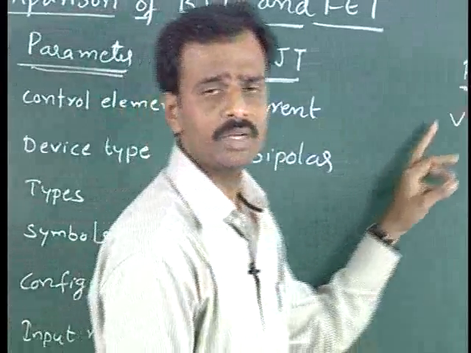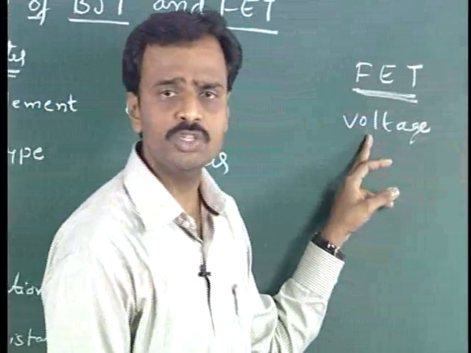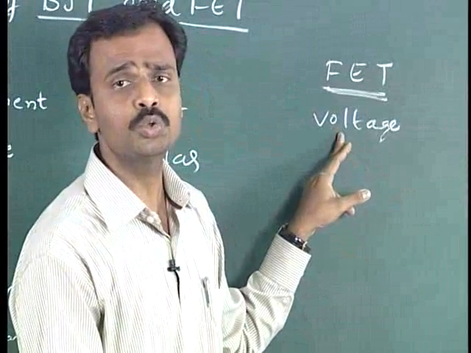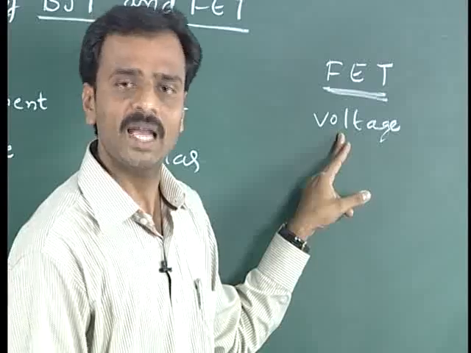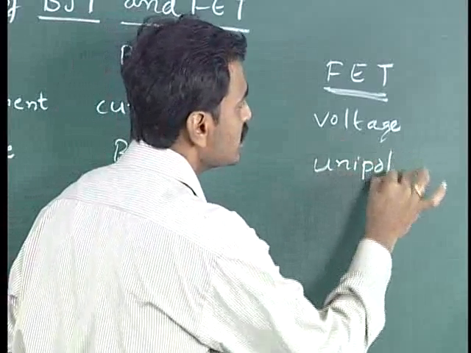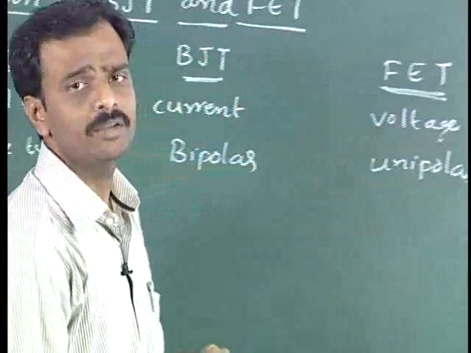Whereas in field effect transistors, the current conductivity is due to only one type of charge carrier, either holes or electrons. So that is unipolar. Field effect transistors are called unipolar devices.